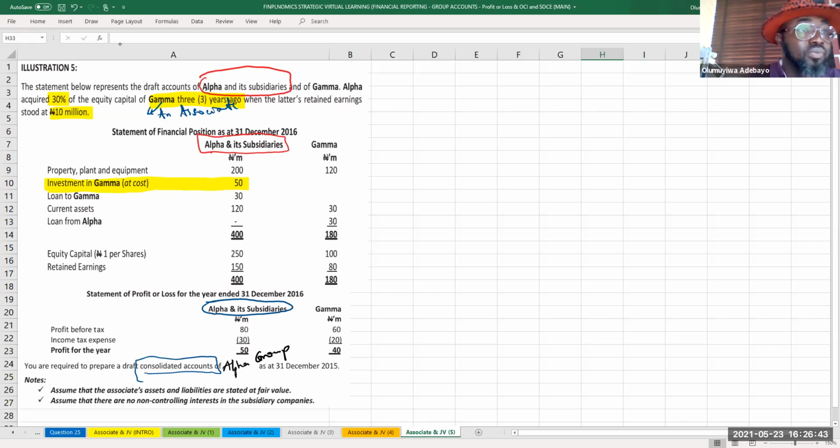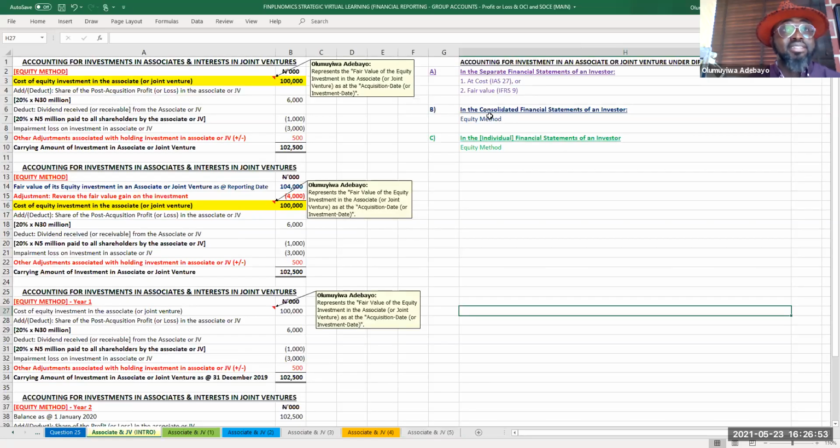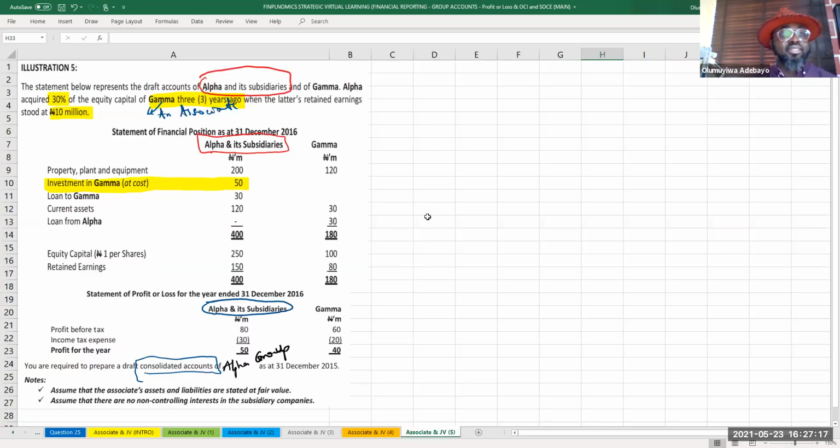Okay. Now, what then do we do? We harness our understanding that at consolidation level, what we should use is the equity method and not cost. Cost is only at the separate financial statement level. Therefore, this is the knowledge we bring to bear here.